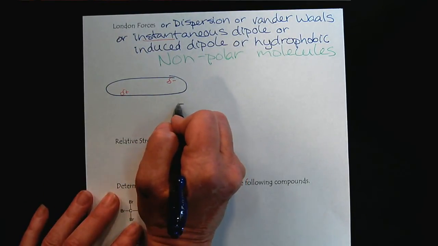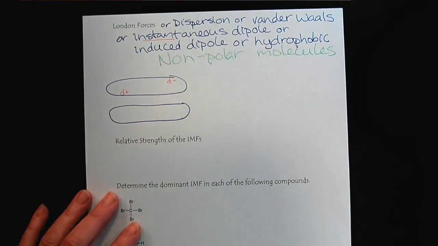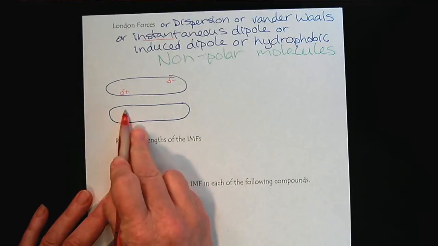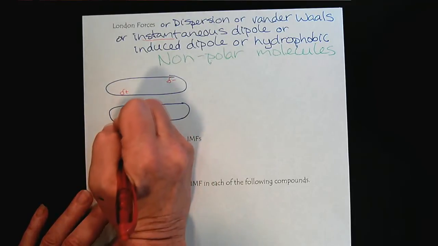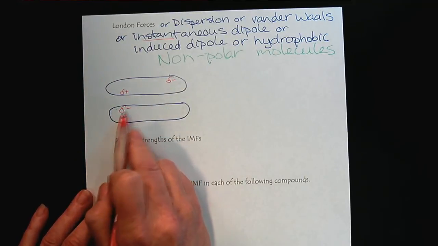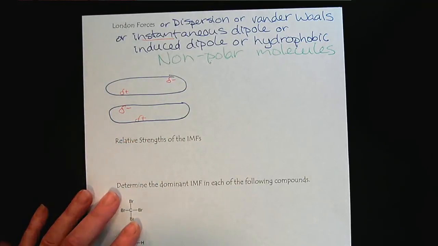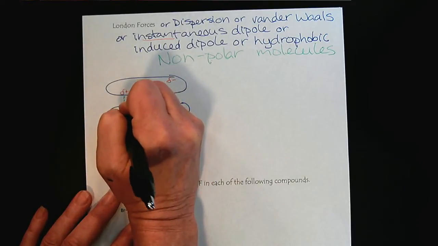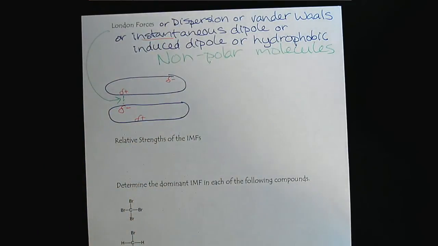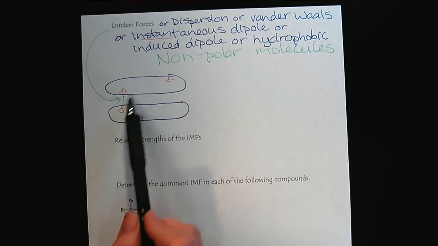Now, if there's a neighboring molecule that's also nonpolar, then as soon as we get some chaos over here, with a partial positive here, the electrons in this nonpolar molecule get attracted to that positive charge and rush over. If those electrons rush over, they're missing from somewhere else. And so just for a moment, we have a very weak, very temporary dipole moment. That's why it's sometimes called induced, because it ripples through.